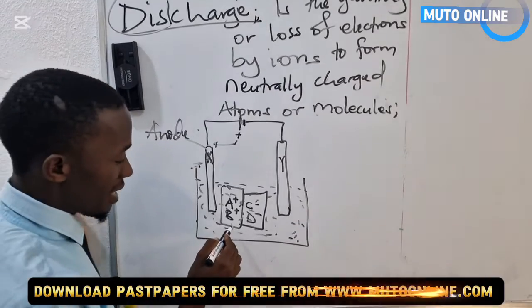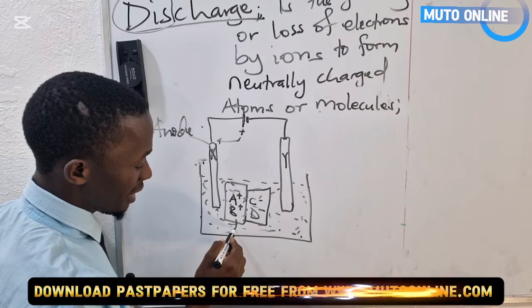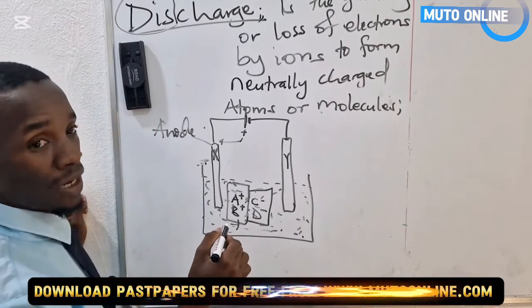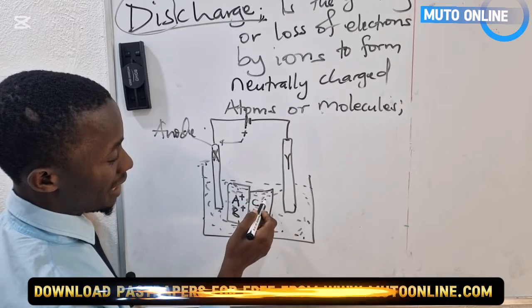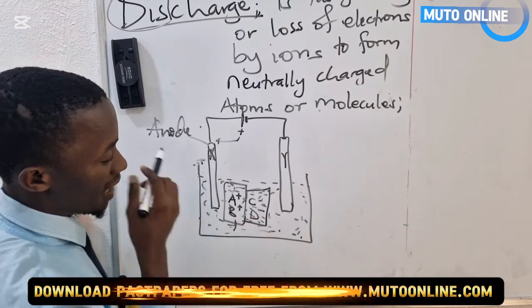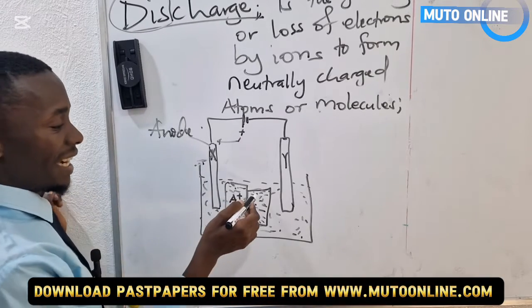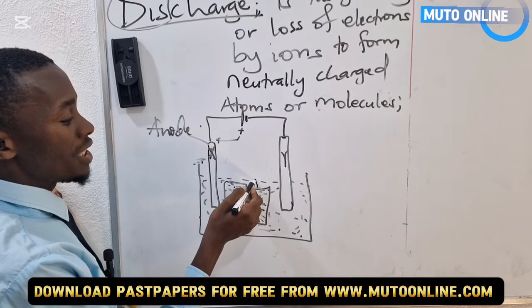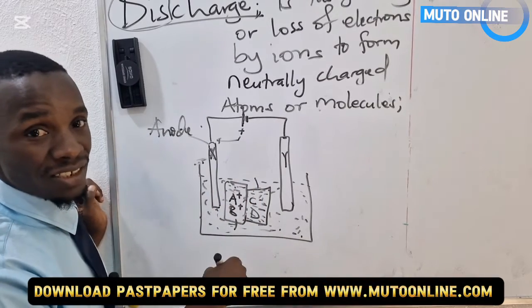And remember, after ionizing or decomposition of an electrolyte, it will give two categories of ions: the cations, which are positively charged, and the anions, which are negatively charged. These ions migrate to oppositely charged electrodes after being formed.